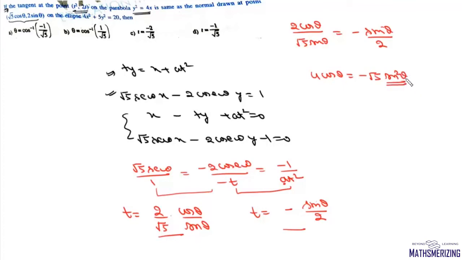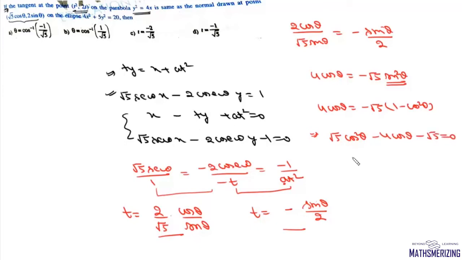We can write sin square theta as 1 minus cos square theta. So we'll write 4 cos theta minus under root 5 and 1 minus cos square theta. Now it has become a quadratic equation in cos theta. So it will be root 5 cos square theta minus 4 cos theta minus under root 5 equals to 0.